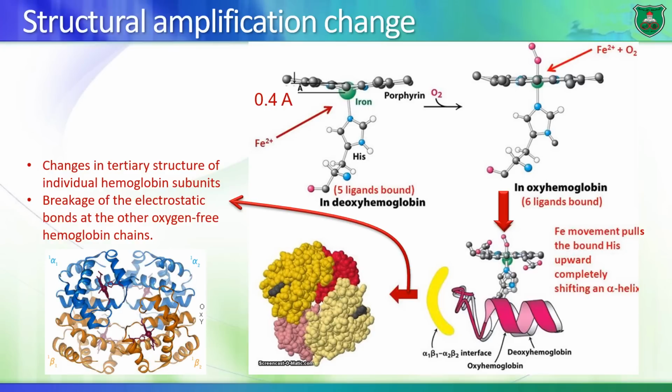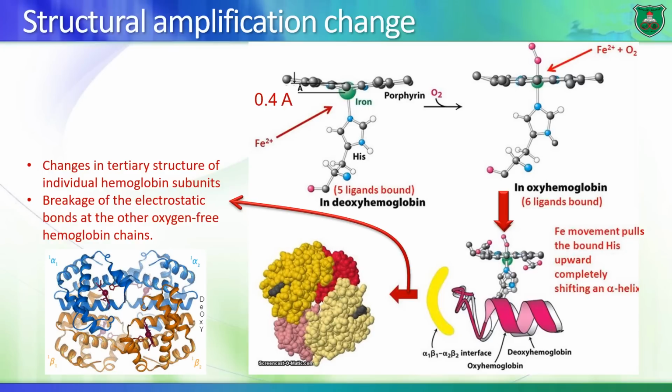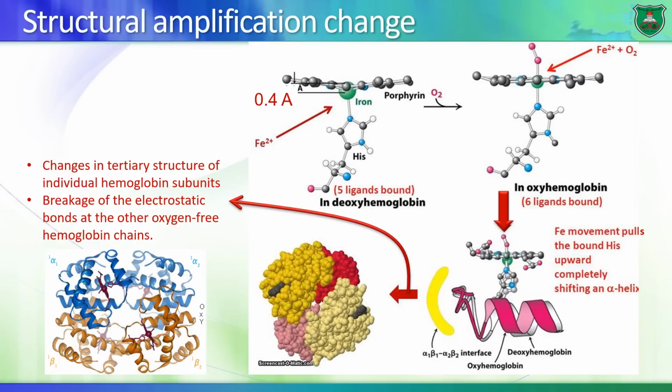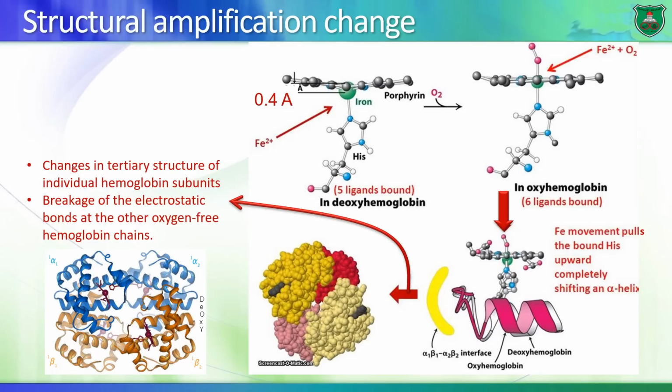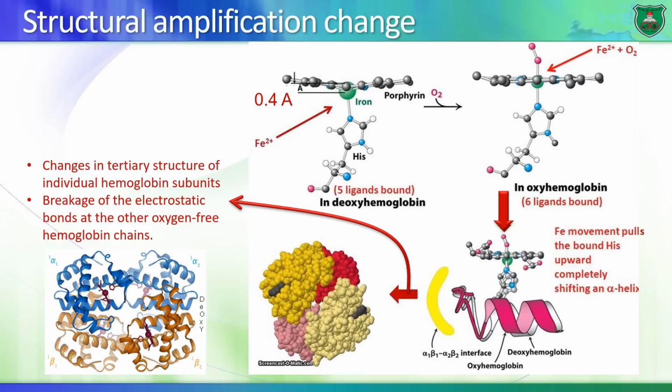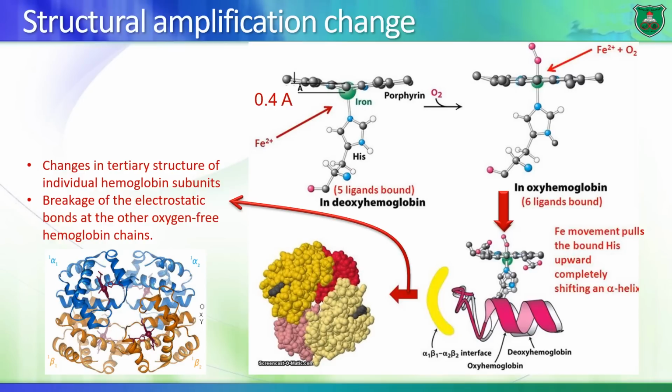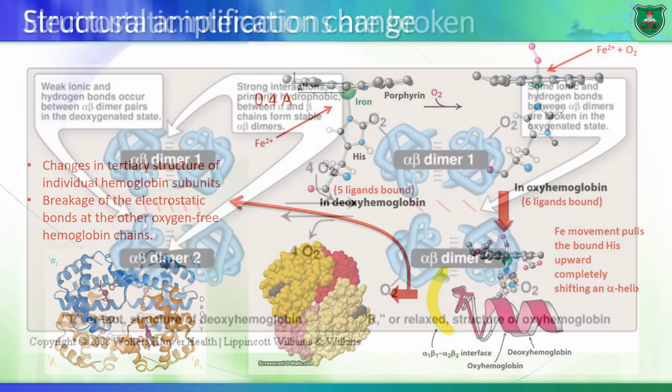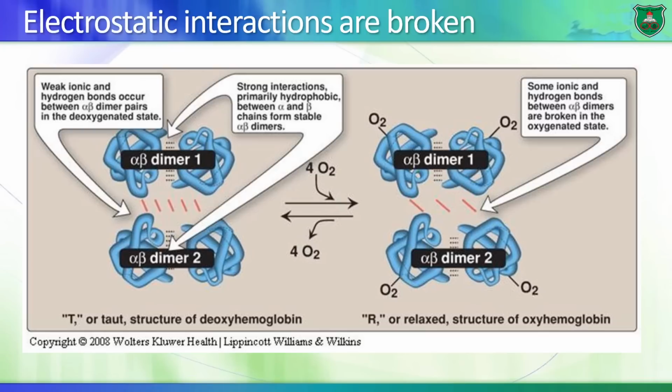And this breakage of the electrostatic interactions is what converts the T hemoglobin to an R hemoglobin, low affinity hemoglobin to a high affinity hemoglobin. So again, you have these electrostatic interactions between the two dimers.